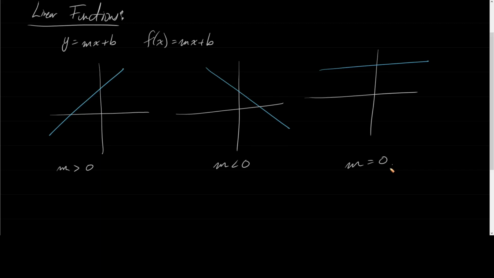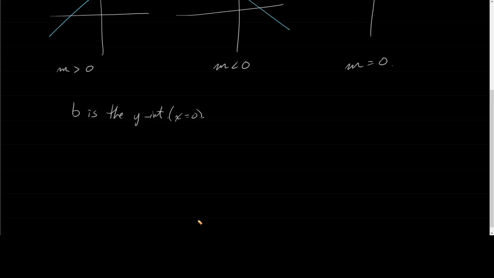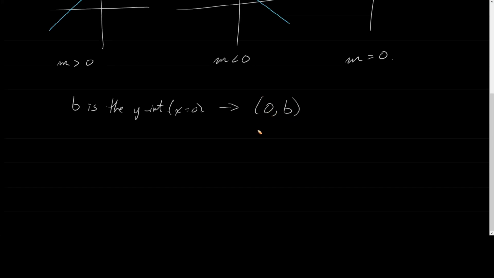When we're talking about b, we're saying that b is the y-intercept. Recall that the y-intercept is when x is equal to 0. So this gives us the point (0, b).